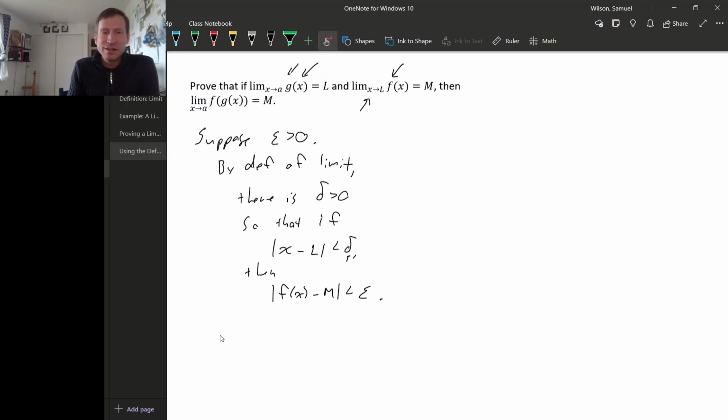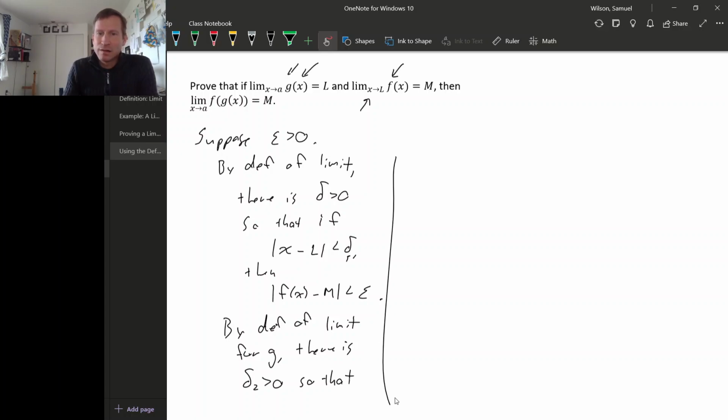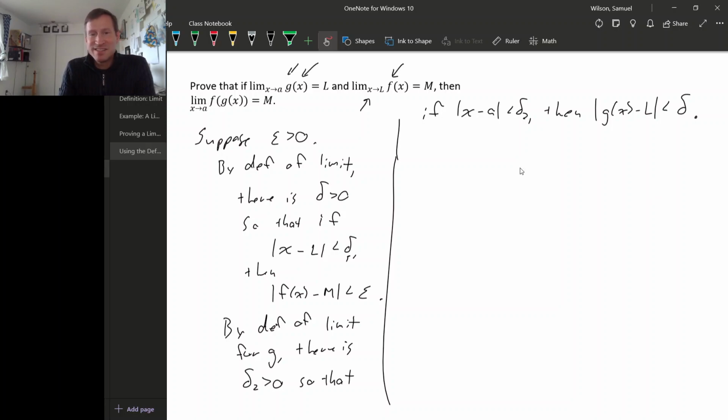Now that we have delta, by the definition of the limit for g, there is a different delta, let's call it delta 2, positive, so that if the absolute value of x minus a is less than delta 2, then the absolute value of g of x minus L is less than delta.